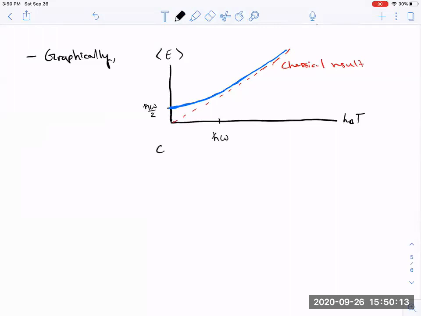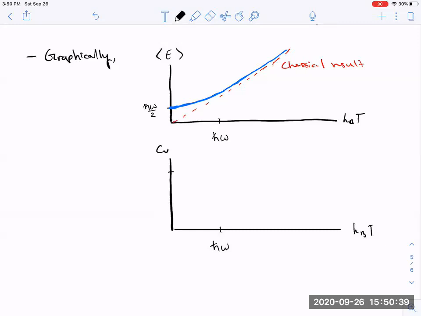We can plot the corresponding heat capacity as a function of kBT, where again it behooves us to denote this relative to that energy gap.